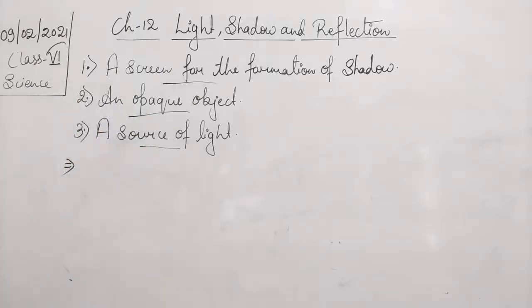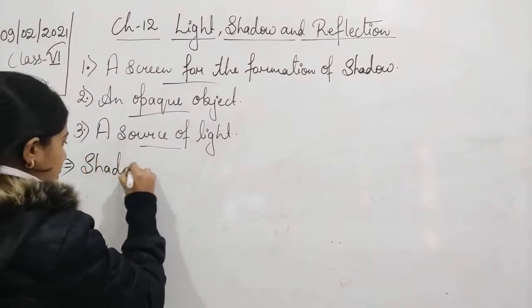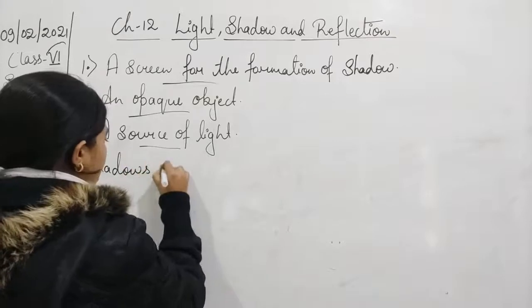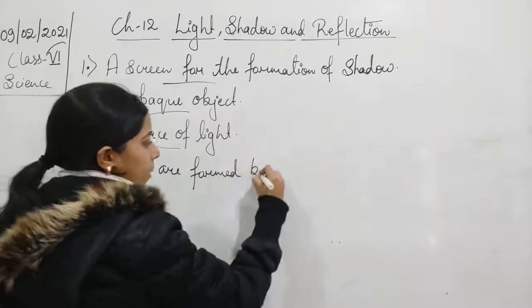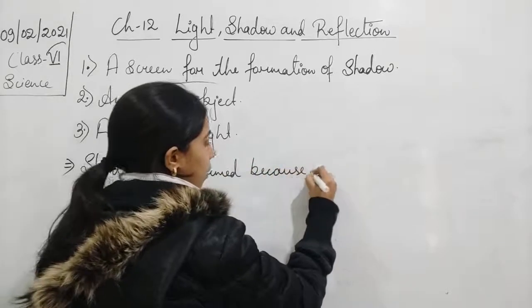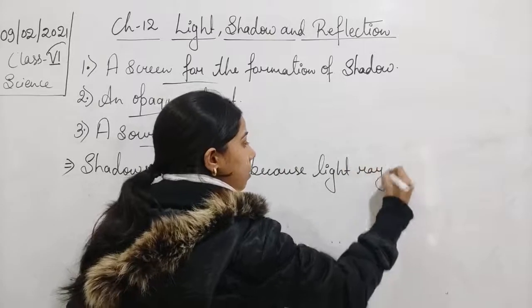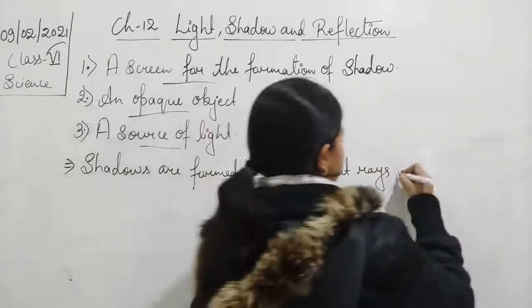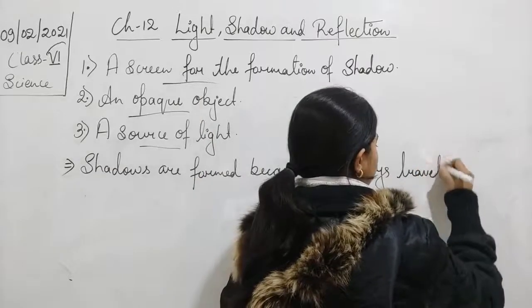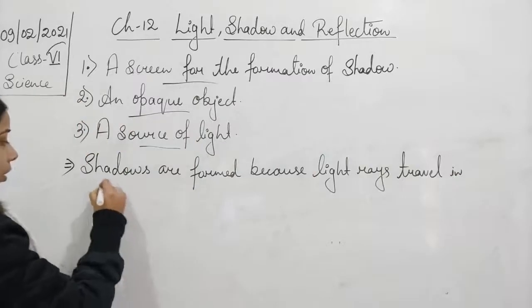Okay, so we can write that shadows are formed because light rays travel in a straight line.